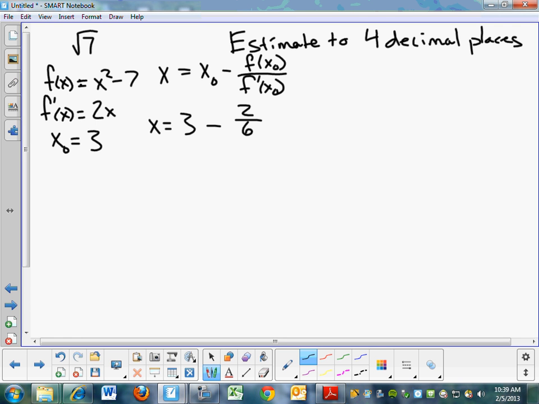So you get 3 minus 1/3, which is 2 2/3, or 2.667. I'm going to write it out to 4 decimal places because that's what I want to approximate. So 2.6667 would be the closest approximation.